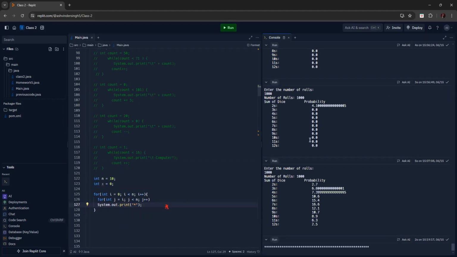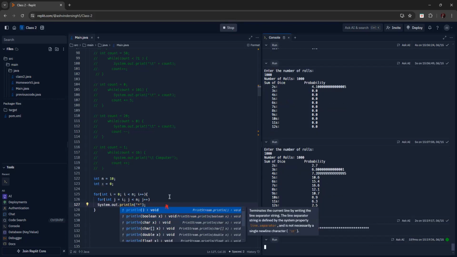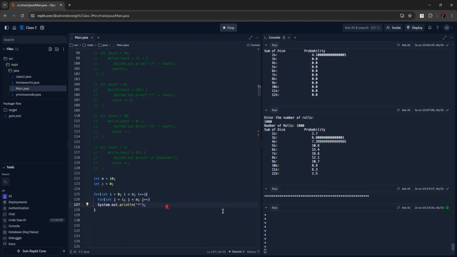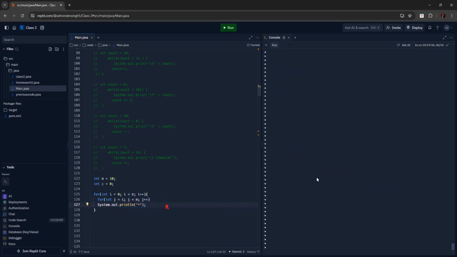Interesting. Are you able to run using a print line? Okay. Then don't run with the print line, but give me a second.